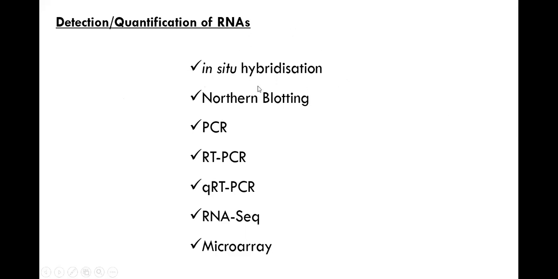You can use in situ hybridization, Northern blotting, PCR, RT-PCR, qRT-PCR, RNA-seq, and microarray. These are the techniques used for analysis of RNAs. Depending on sample size, you can go from one cell, one RNA, to microarrays, where a population of genome transcriptomics can be studied.